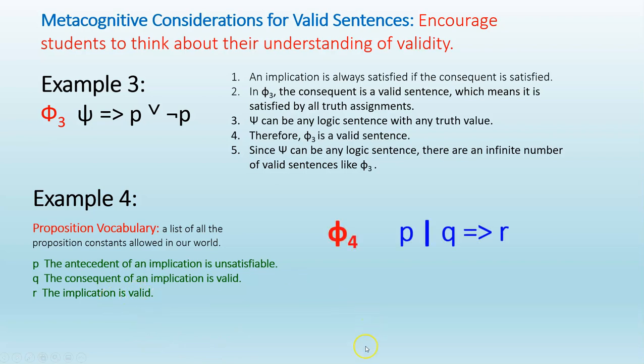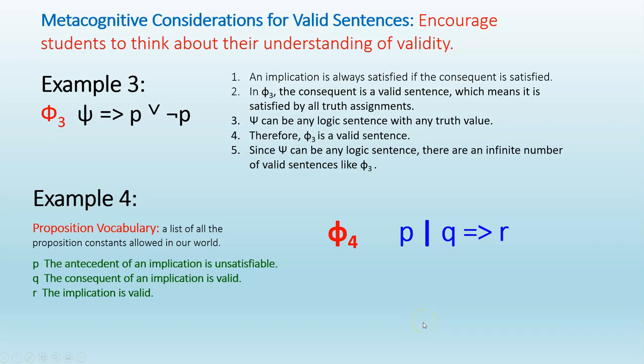Okay, what I'm proposing as a logic sentence is this implication where the antecedent is a disjunction. If I were to read this and translate it, I think it says, if the antecedent of the implication is unsatisfiable or the consequent of the implication is valid, then the implication is valid.